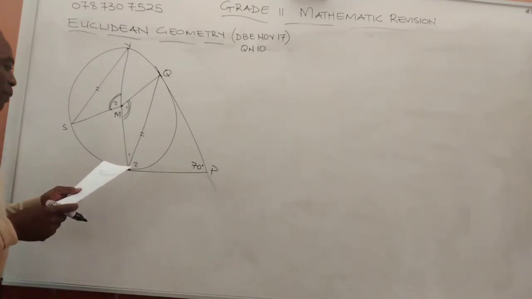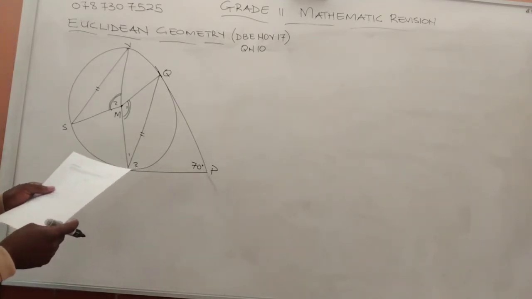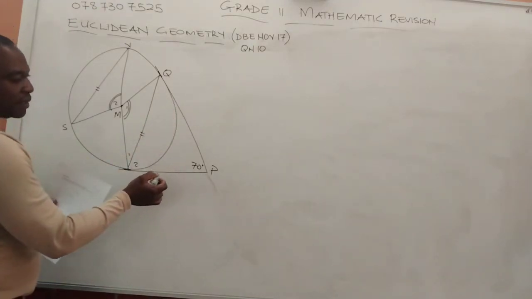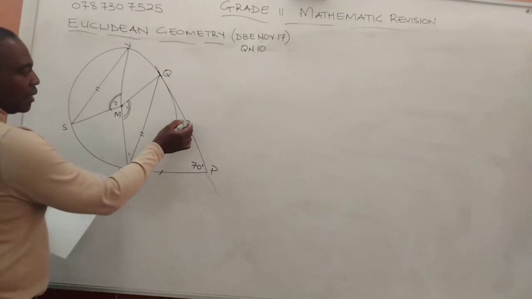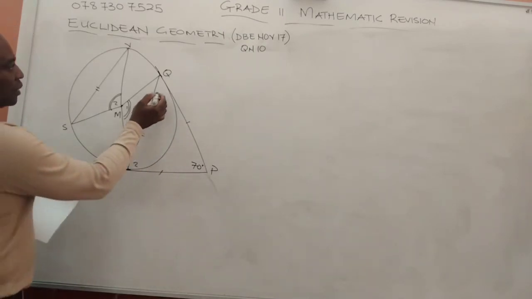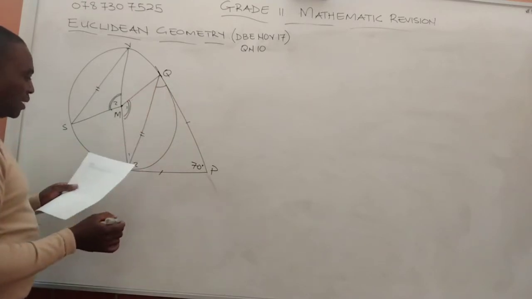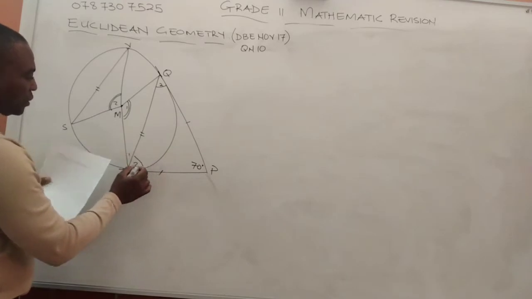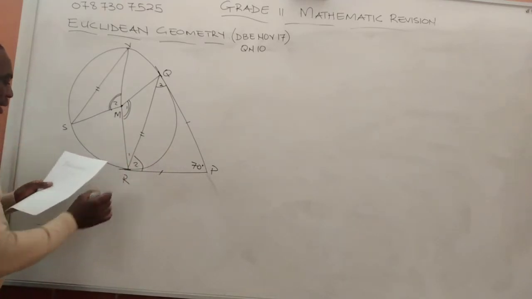Okay, RP and QP are tangents. These are tangents. Remember, tangents from an external point are equal. So that brings in an isosceles triangle. That would mean this angle, which is Q2, will be equal to angle R2.